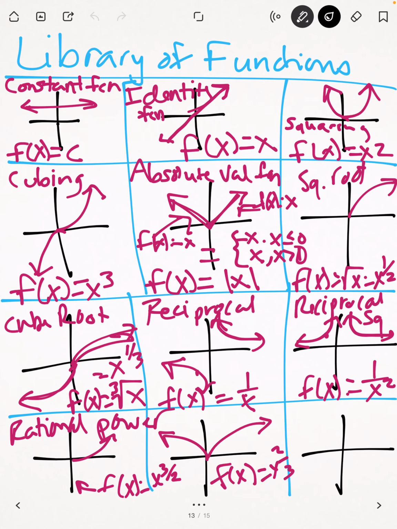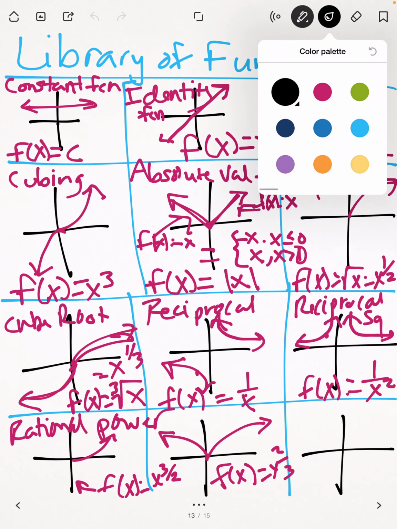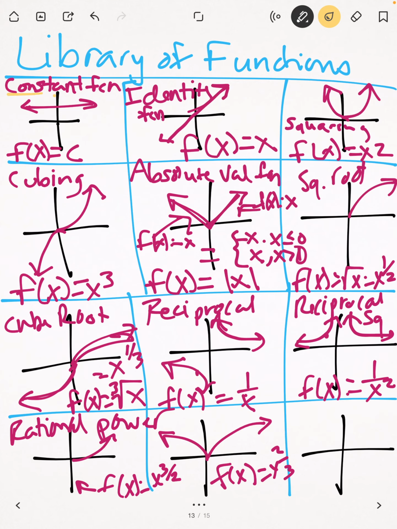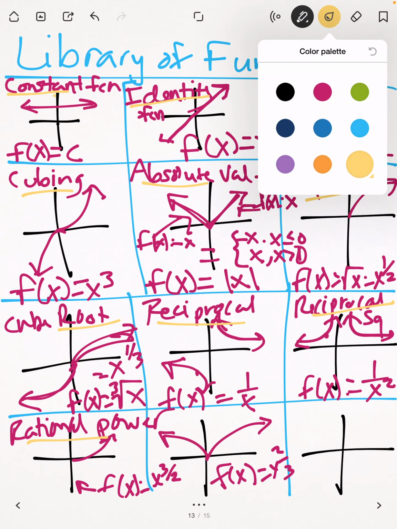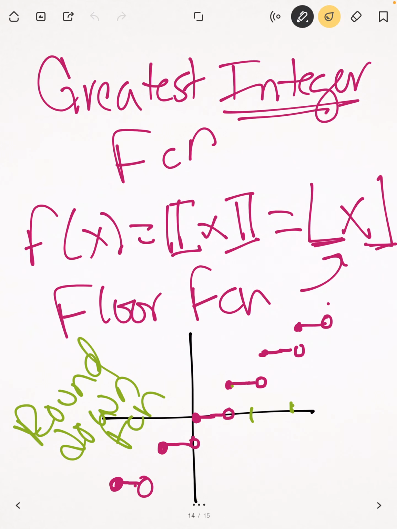Our constant function, I don't want to do this without making this completely messy. Our identity function, our squaring, our cubing, absolute value, our root functions, our reciprocal functions, our rational power functions, and then really the newest one here is our floor function.